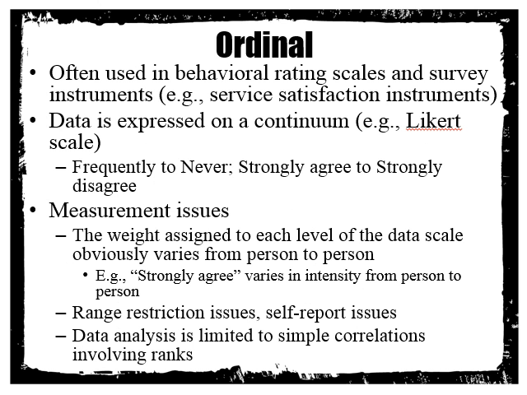Next, we're on ordinal data. Ordinal data are actually very commonly used in psychometric instruments. They are often used in behavioral rating scales and survey instruments, for example, service satisfaction instruments. Data in ordinal scales are expressed on a continuum through things like a Likert scale, beginning with things like frequently to never, strongly agree to strongly disagree.